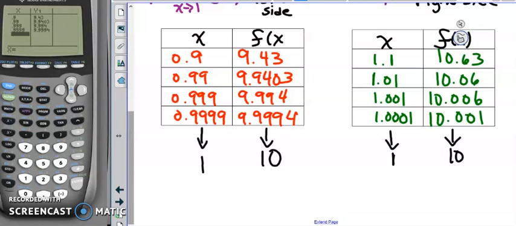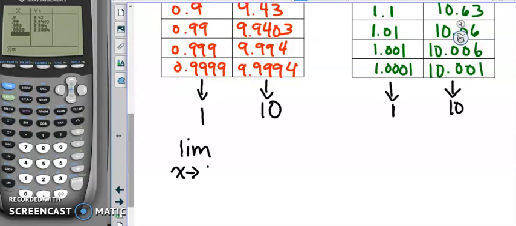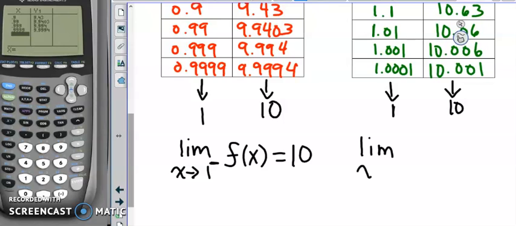So just doing our limits really quick. The limit as x approaches 1 from the left side of the function, we get 10. And then as it comes from the right side, remember that's just 1 with a plus sign there, we get 10. So as it goes from the right side and from the left side, we get 10.